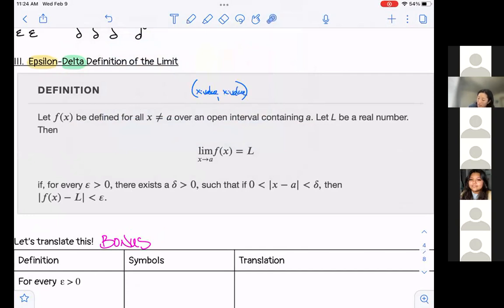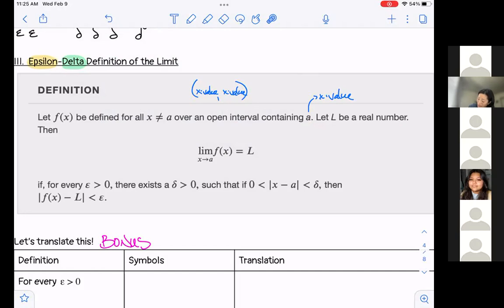And somewhere in between those two x values is going to be a, and a is also an x value. Okay. Let L be a real number. So we're going to focus on real numbers in the context of this course.